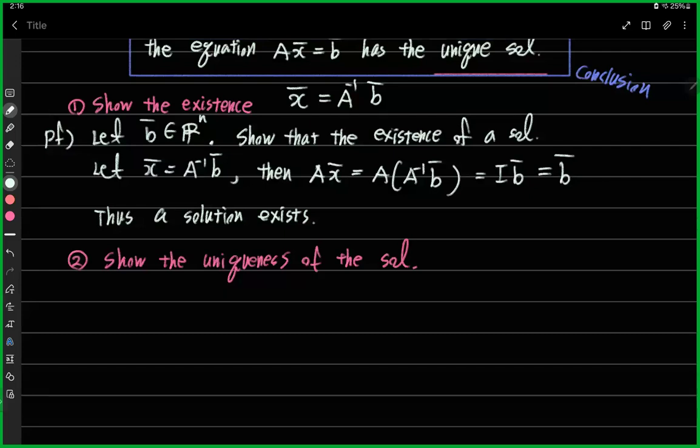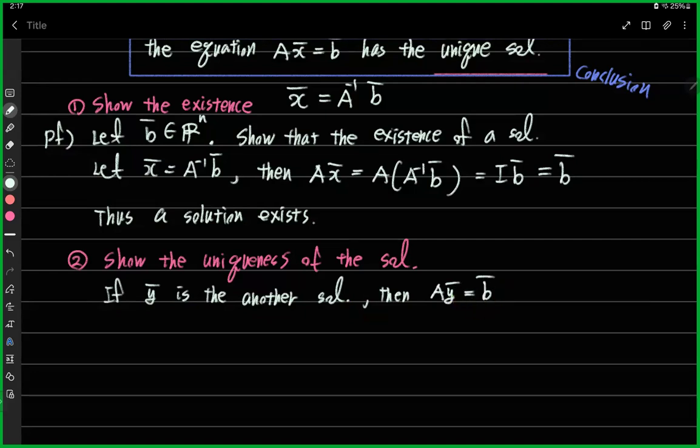Let's say there exists another solution. That's a really traditional way. Let's say Y bar is another solution. Then A Y bar, because Y bar is a solution, must return B bar, right? It should be.